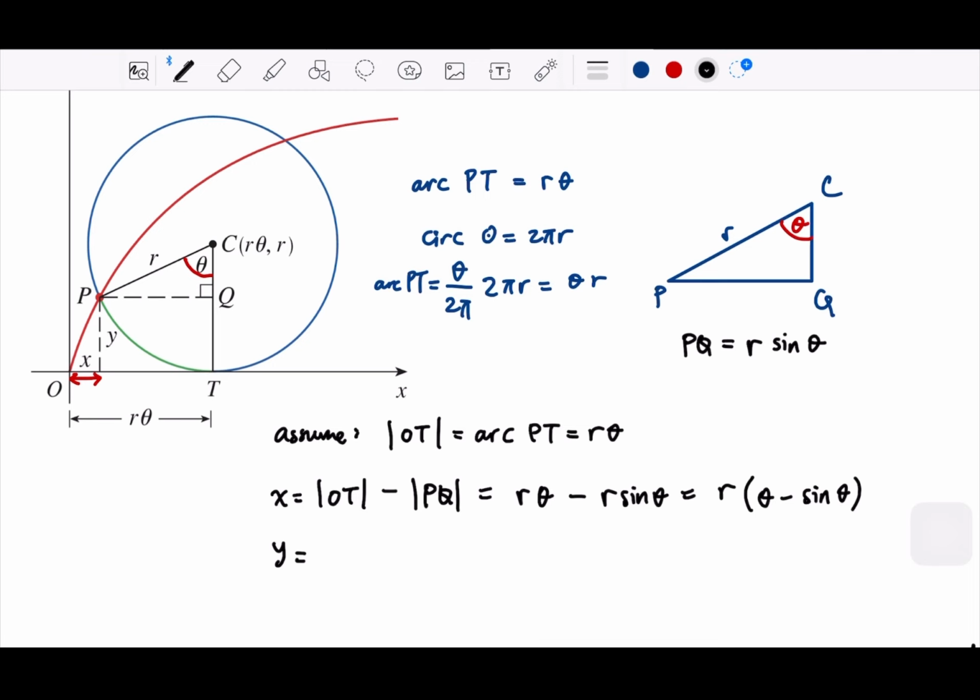This will be TC minus QC, sorry. TC is the radius, right? And QC, we get from here, is the cosine. So TC is r, and this will be r cosine theta.